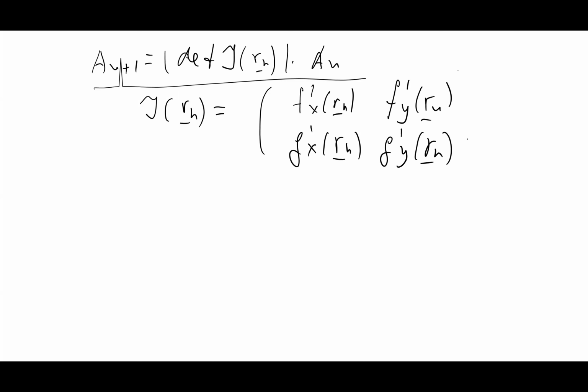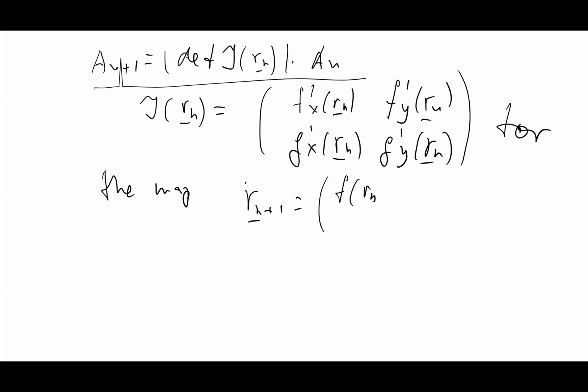This is for the map Rn plus 1 equals f of Rn and g of Rn. So this is our map, and this is what I want to prove.